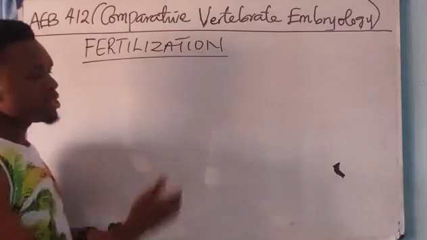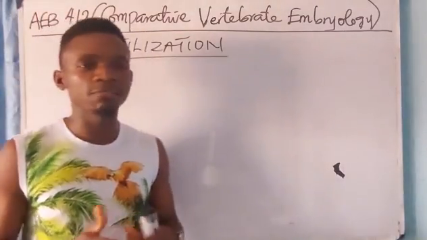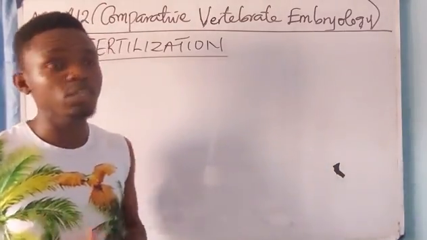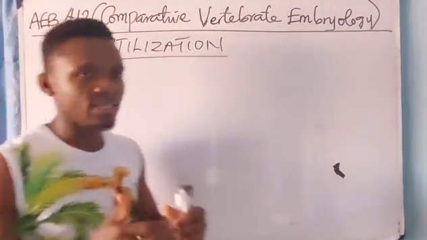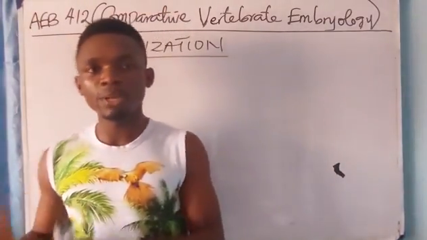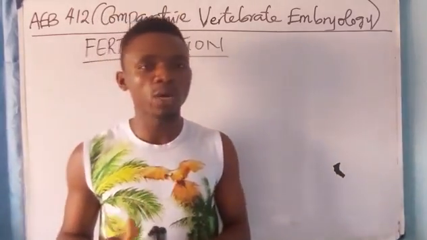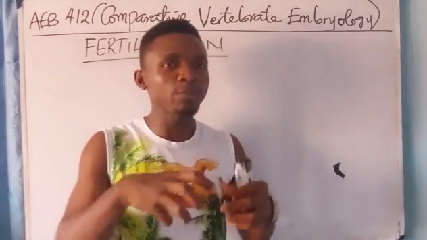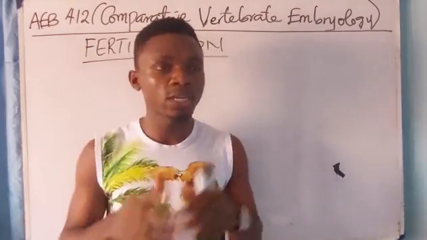Now, what is the meaning of fertilization? It means the fusion of the male and female gametes called sperm and egg respectively, to produce a diploid entity called zygote. It is a fusion of the male and female gametes called sperm or spermatozoa and egg or ovum in the fallopian tube of the female organism to produce a diploid entity called zygote.